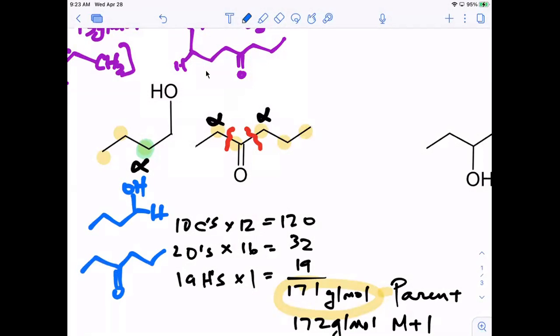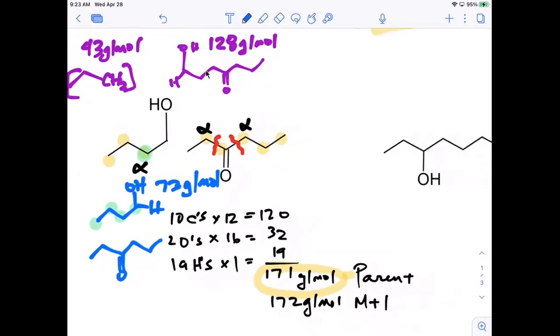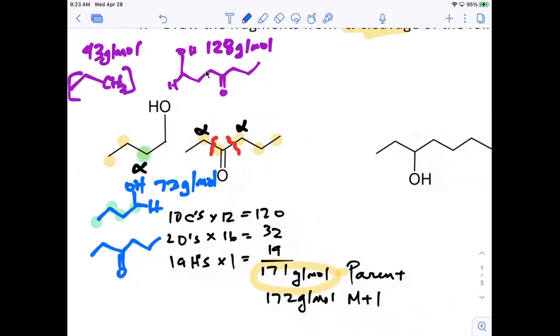And then I'll have that. For the fragment that contains the alcohol, let's count that up. 1, 2, 3, 4 carbons, that's 48. 1 hydrogen is 49. And then 2, 4, 7, 56 plus 17 is 73. So 73 grams per mole for that fragment. What about the one at the bottom? If we subtract that from the parent, we can get the mass of the bottom fragment also.